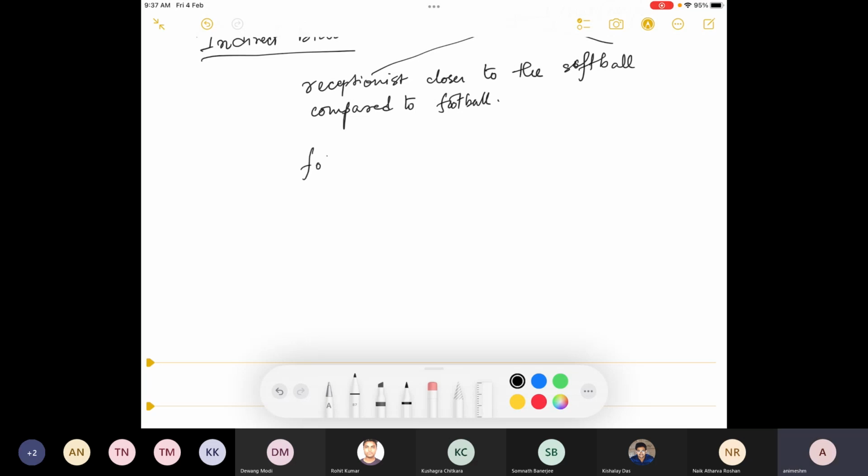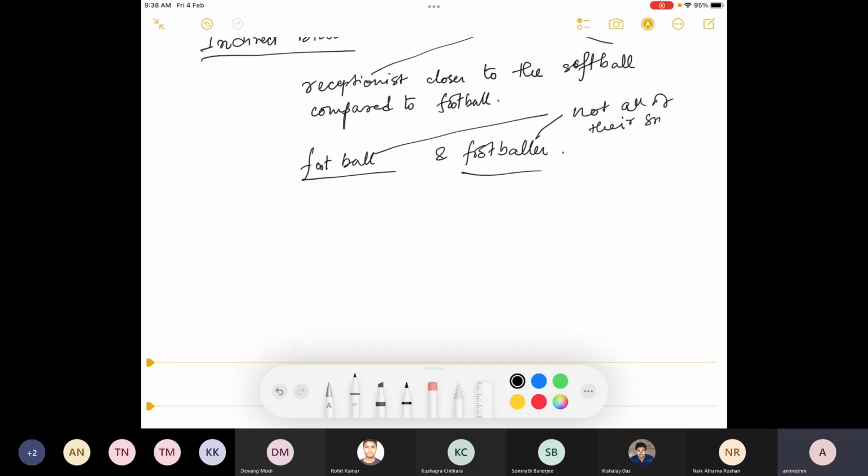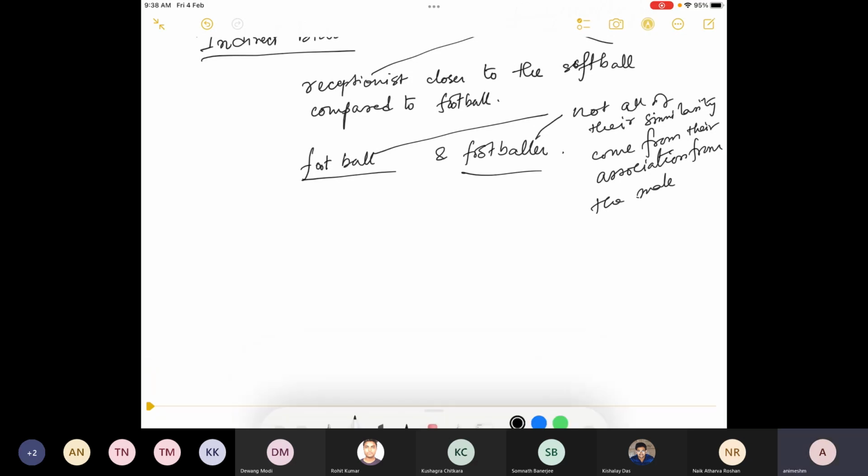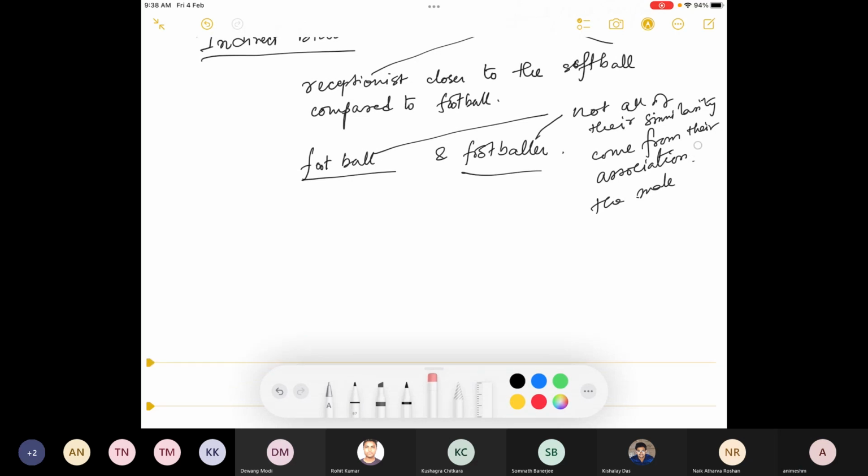To motivate ourselves, think of the football and the footballer example. In yesterday's class, we agreed that not all the similarity between football and footballer comes from their association with the male gender.